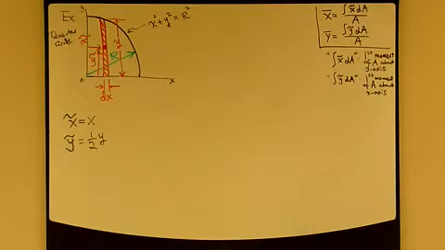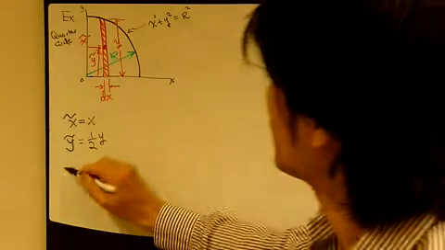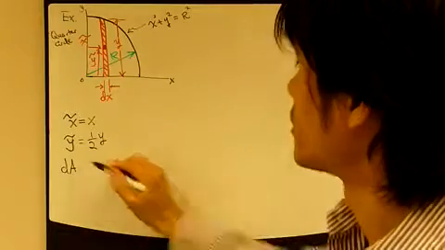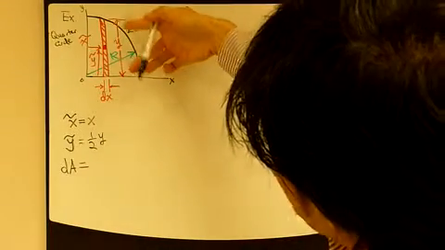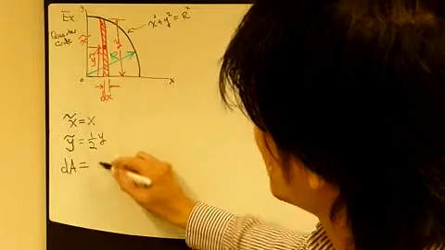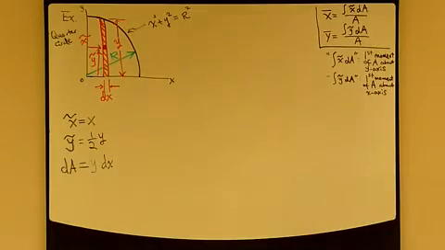And we need dA, the elemental area. The area of this strip is simply the height, which is y, times dx. So y dx.